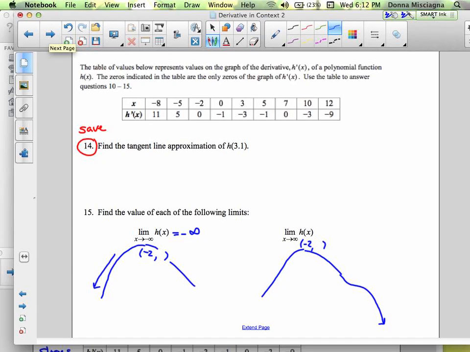So we have to think, where is the function headed as x approaches infinity? Now we're looking to the right. As the x values are getting larger and larger, where's the function going if the slopes are negative? Well, it's going back the other way, to negative infinity. So both of these limits were negative infinity.